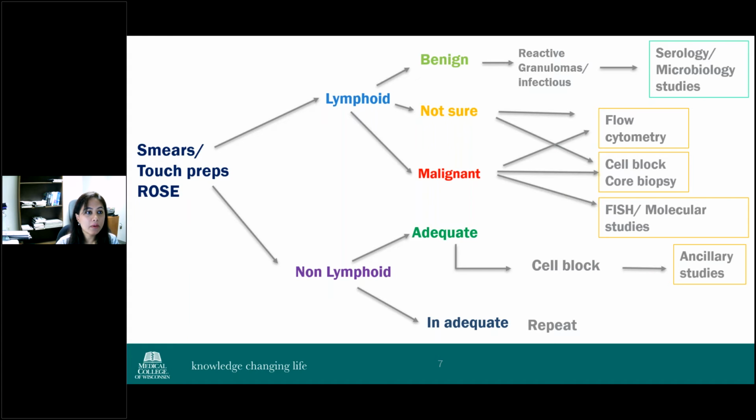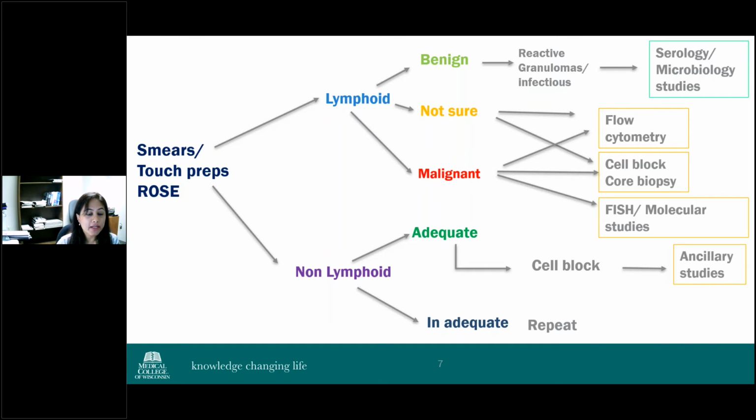The other thing would be when your sample is predominantly lymphoid. The question arises whether we think it is just a benign lymph node or is it something malignant. And quite often actually, we might not be sure what is going on in the lymph node.